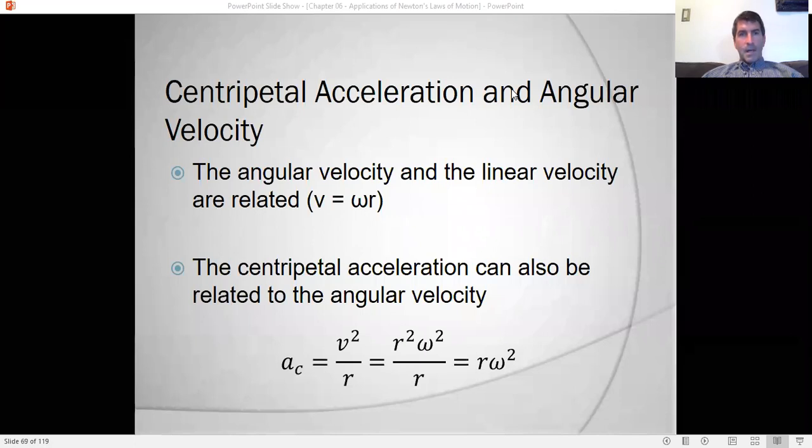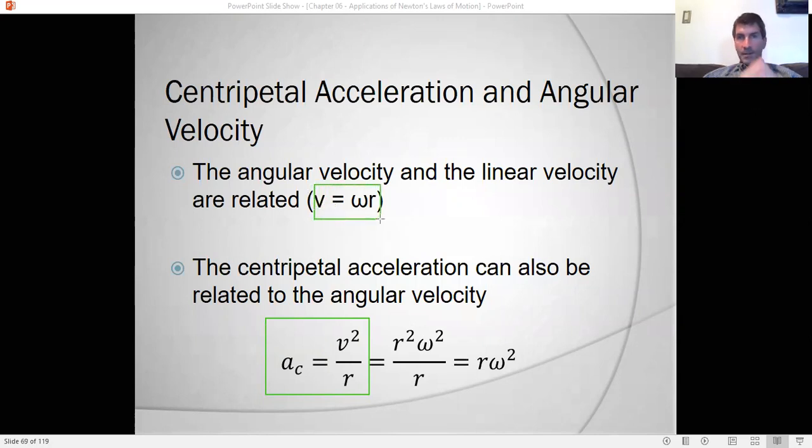Now, I just want to go over something quickly before we go into the calculations from this movie. What we see here is our original centripetal acceleration equation. But if we replace v with omega r, omega is something that we're going to talk about more later on. Omega is the angular frequency, and it's how many radians per second you rotate.